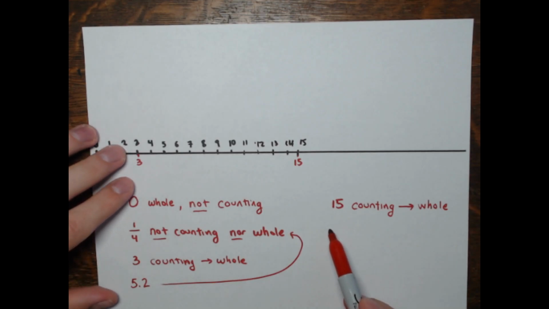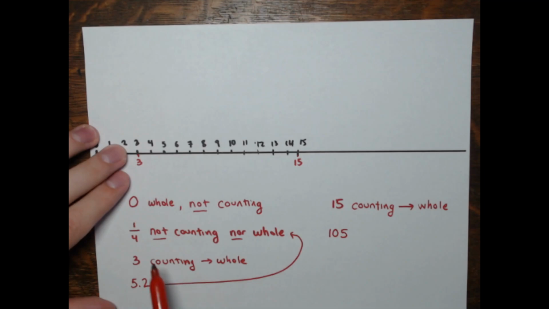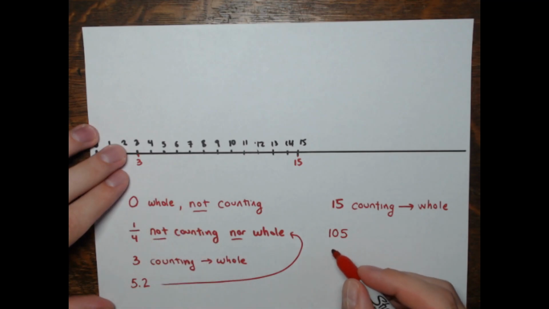And then they just make it even larger for the last part. The last number we're given is 105. Now notice it's not a fraction. All right, so like 15, like 0, like 3, it's not a fraction.